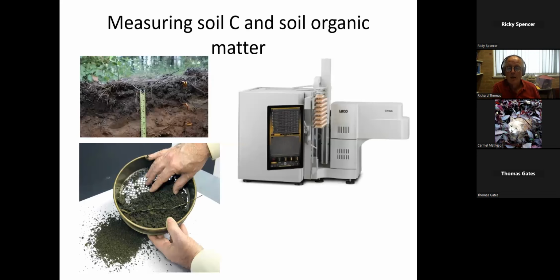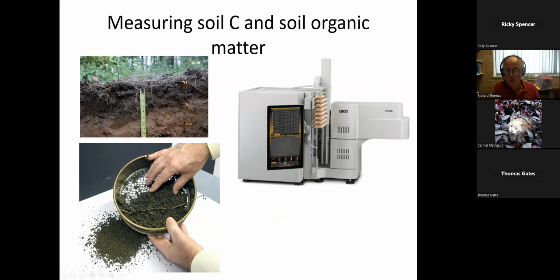Now, if we want to measure carbon content, we can do this in what's called a LECO machine. It's a CHN analyzer. I have been known to call these random number generators, and got in trouble in the past for it. It's deceptively simple. You take a soil sample, you sieve it, you put a small sample inside the machine, and you burn it.